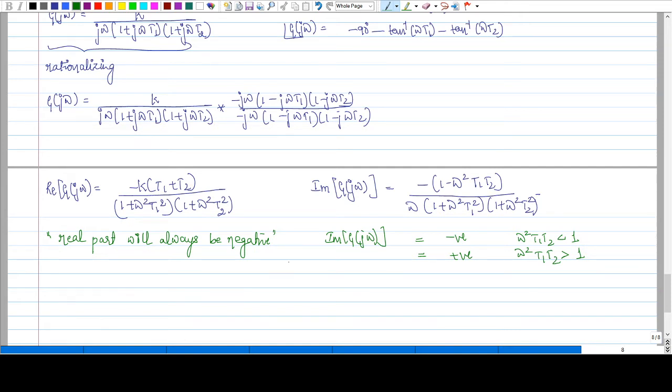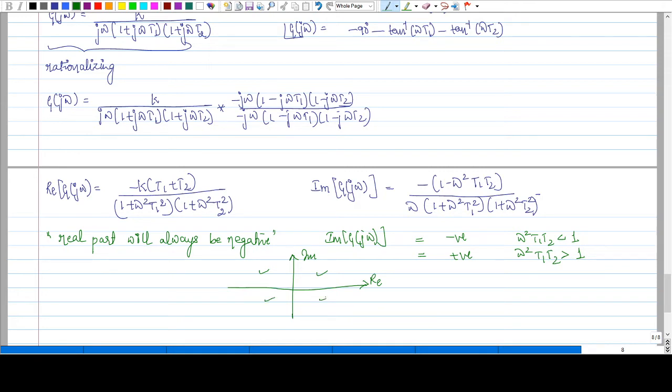So the real part will always be negative. Coming to the S plane, this is the real axis and this is the imaginary axis. So the real part will always be negative. It means that these are the two possible quadrants when we consider the real part. And the imaginary part can be negative or positive.